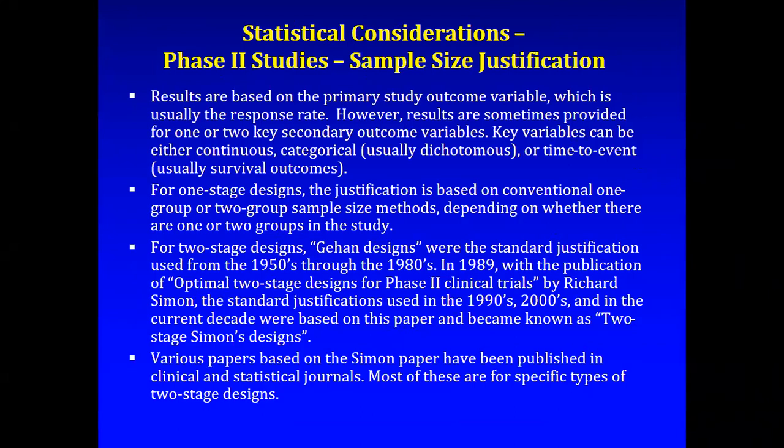There's been other statistical research done and some modifications made, but they all come back to what we refer to as Simon's two-stage designs. So if you're reviewing a protocol or setting up a phase 2 design that you think might need 2 stages, then we would want to use a Simon's two-stage design.